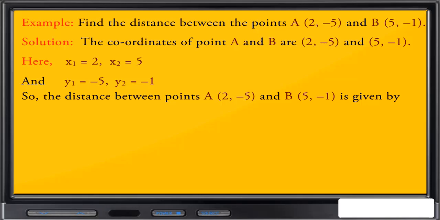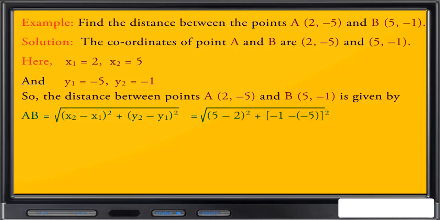So, the distance between the points A and B is given by AB is equal to under root of (x2 minus x1) whole square plus (y2 minus y1) whole square, which is equal to under root of (5 minus 2) whole square plus (minus 1 minus minus 5) whole square.